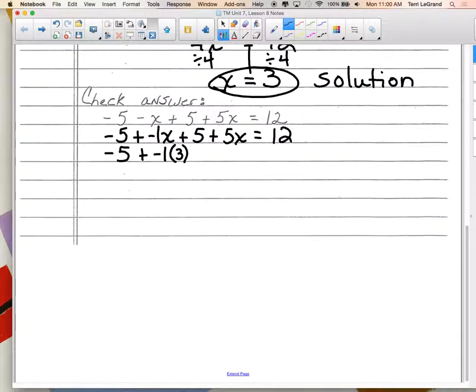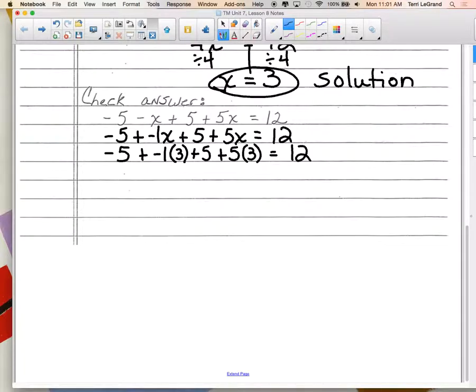So we're substituting 3 in for X. Plus 5, there's nothing to substitute there. Just bring it down. Plus 5X, we'll substitute in place of the X a 3 because that's what we solved X to be equal to. So 5 with a 3 in parentheses means multiply.